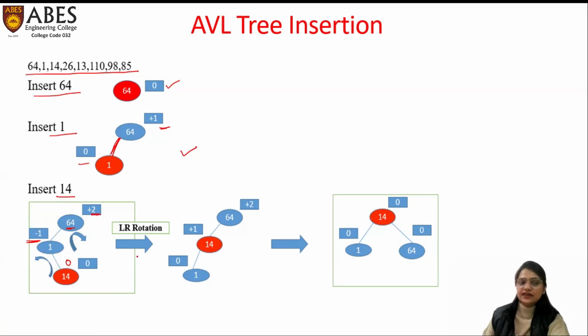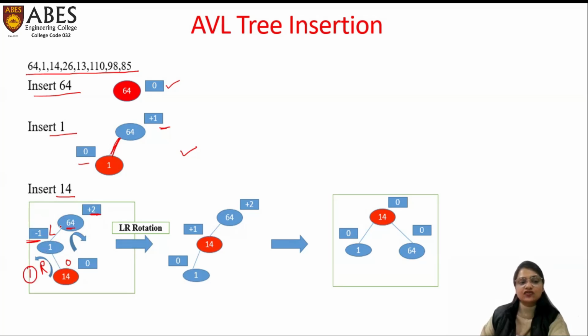Now I have to see which part or which edge is heavy. After inserting 14, this part became unbalanced. So I have to move from the 2, which is unbalanced, and this makes a direction. This is L and this is R. That's why this type of rotation is known as LR rotation, in which we have to rotate in 2 steps.